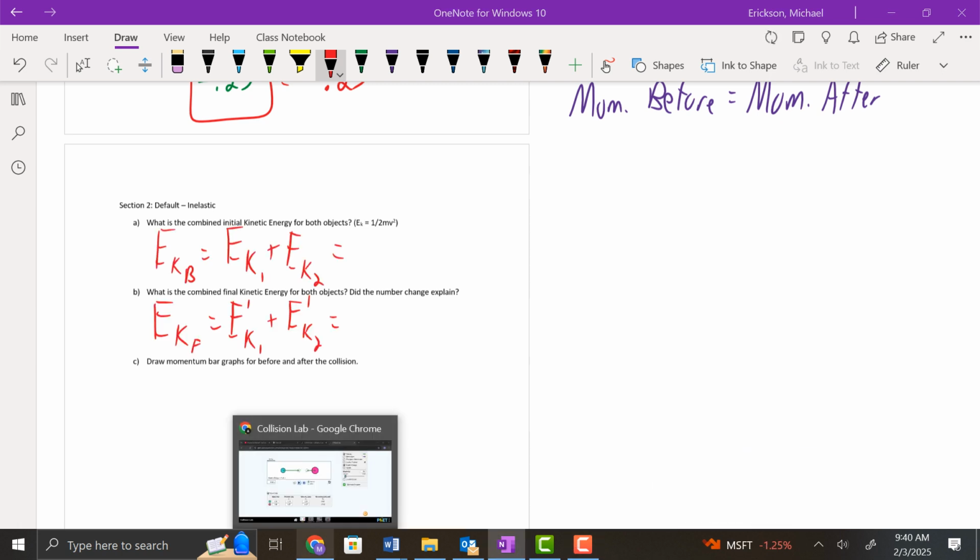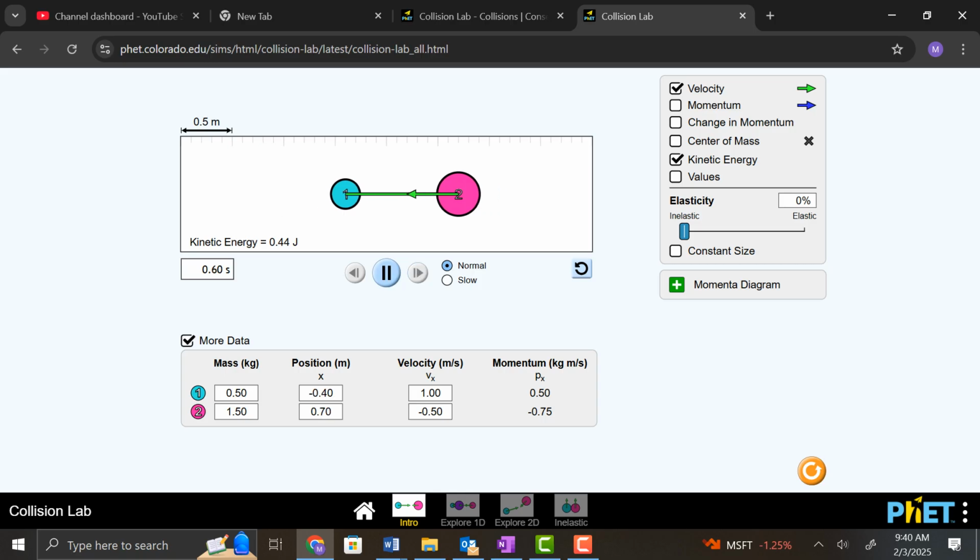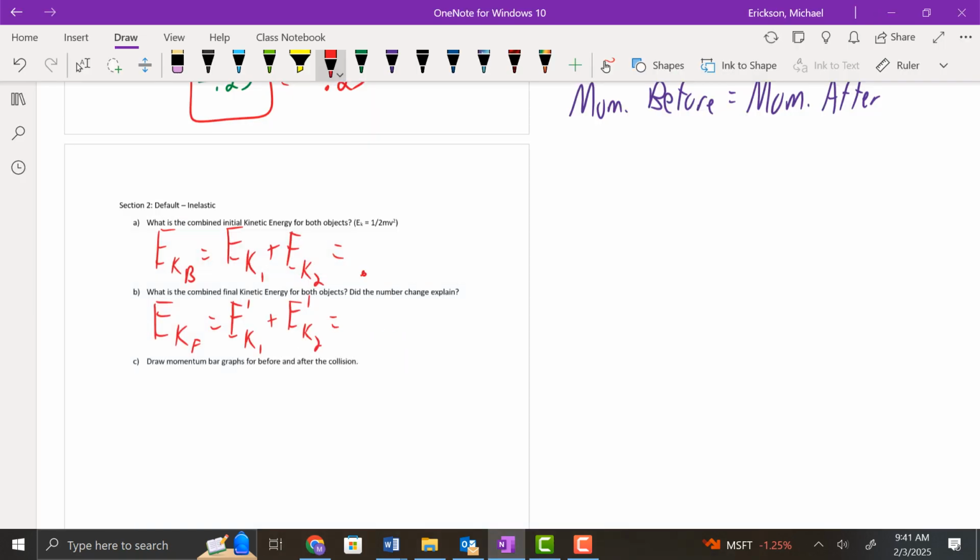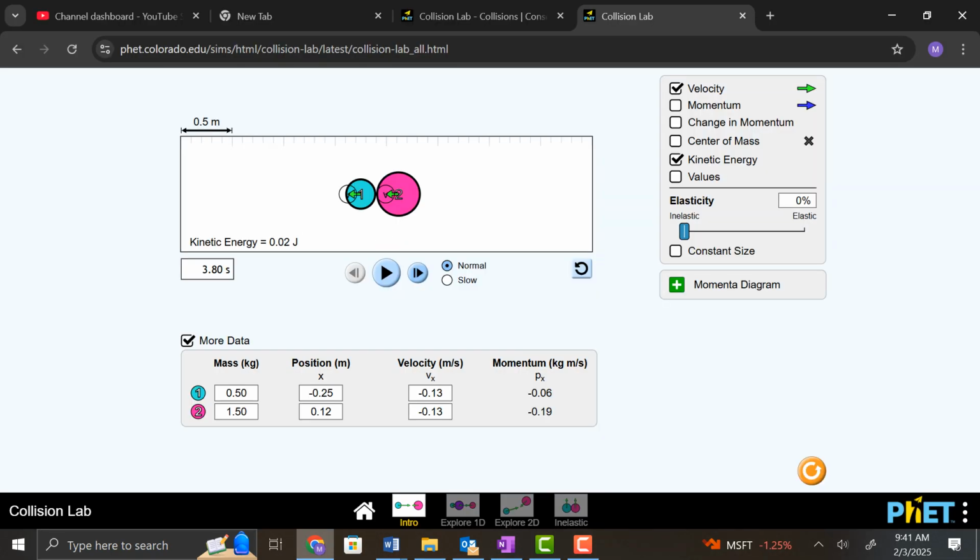When I analyze the kinetic energies before and after, I notice I go from 0.44 to 0.02 joules. We figured out the energy the same way as before, but I notice now these are not equal. I lost 0.42 joules. That's interesting. Let me look at the momentum now. I'm going to reset this.